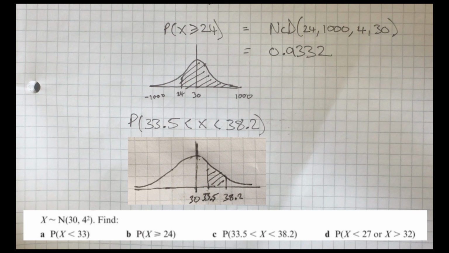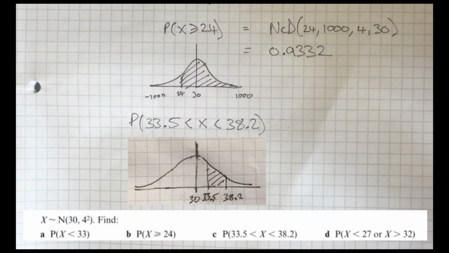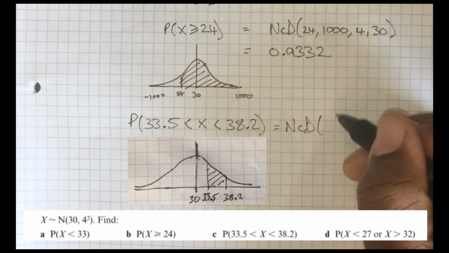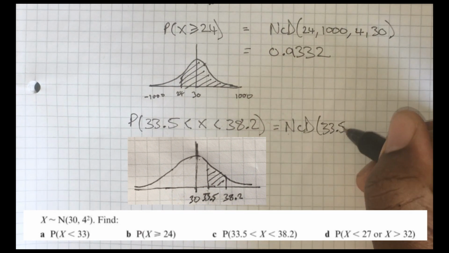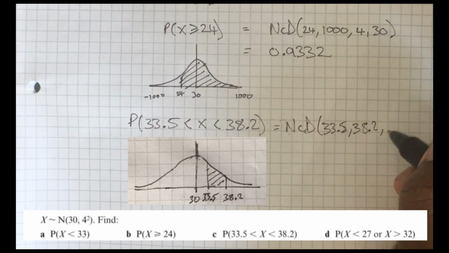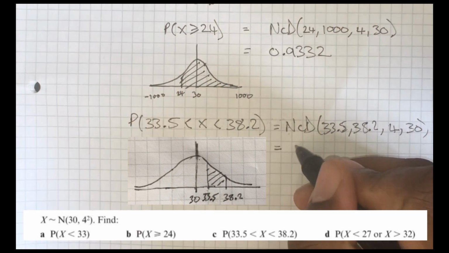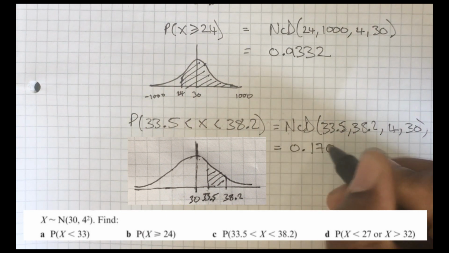I'm looking for this little sliver of shaded area right here. The minimum and the maximum, as you can guess, 33.5, 38.2, followed by the standard deviation and the mean. Enter. 0.1706.